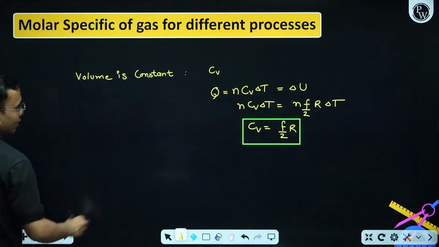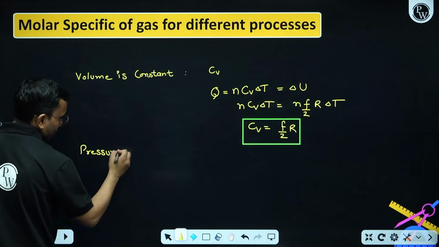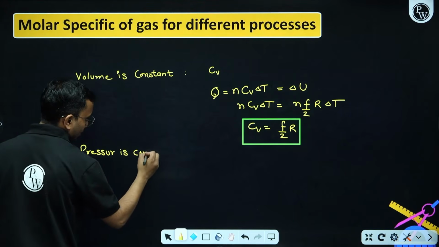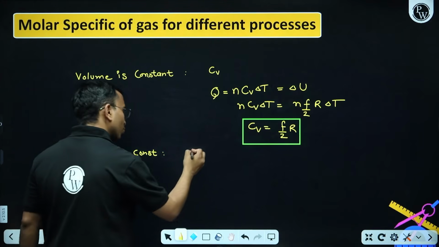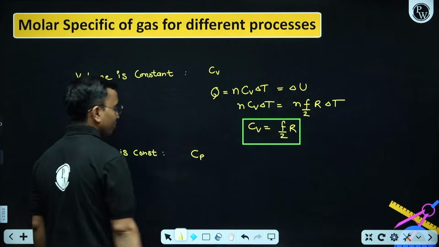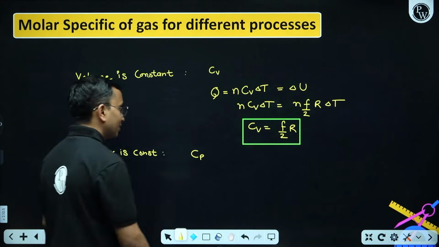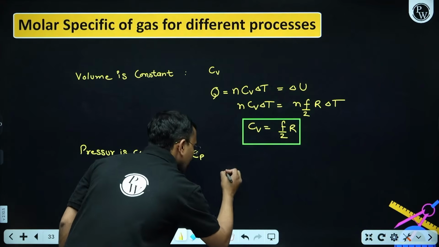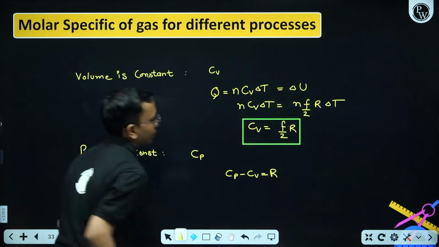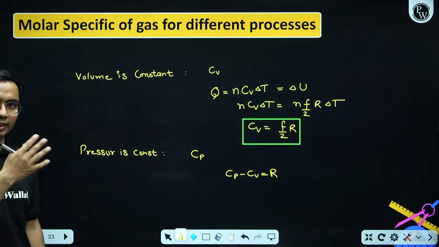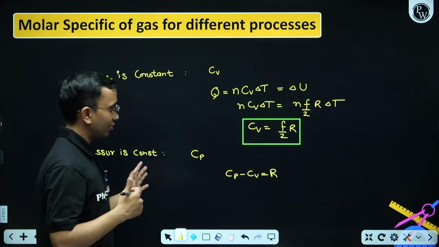Next is when the pressure is constant. When the pressure is constant, we define the molar heat capacity as Cp. And this Cp is related to Cv as Cp minus Cv is equal to R. How this comes, we'll derive it in a while when we discuss thermodynamics.